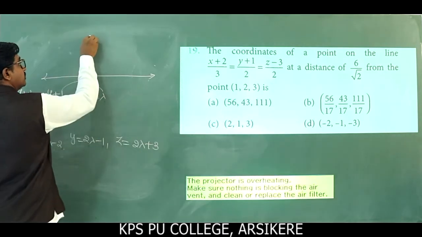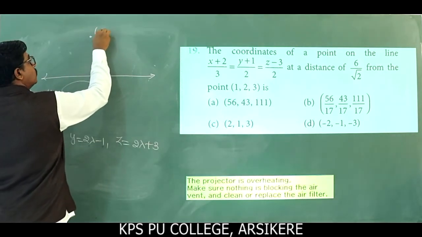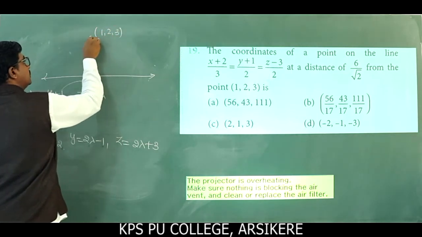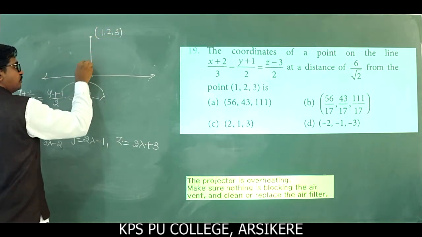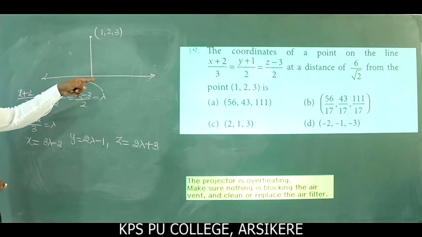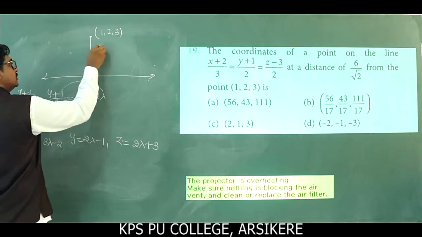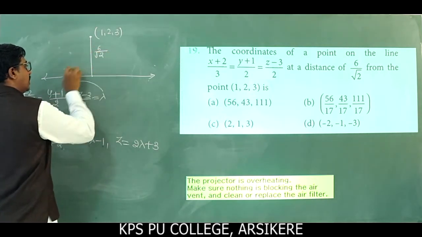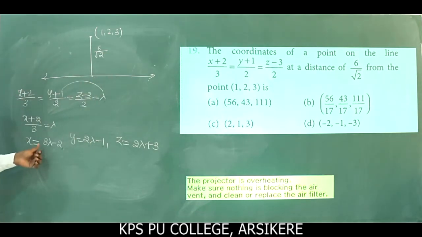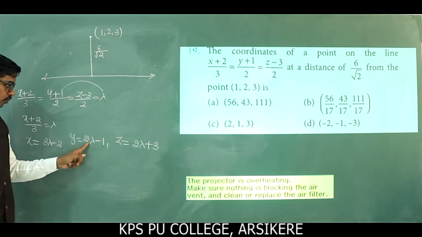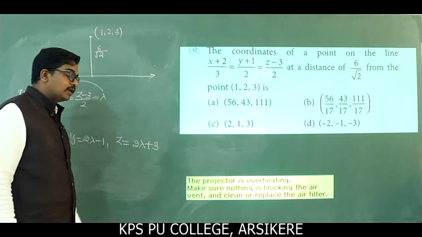Here we have the given point (1, 2, 3). They gave the distance from this point (1, 2, 3) to the line as 6 by root 2. And any point on the line is of the form (x, y, z), or else (3 lambda minus 2, 2 lambda minus 1, 2 lambda plus 3).